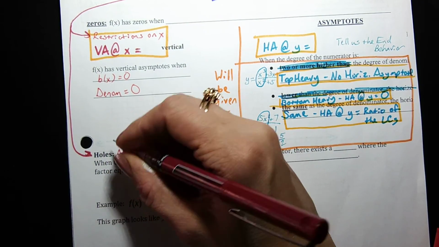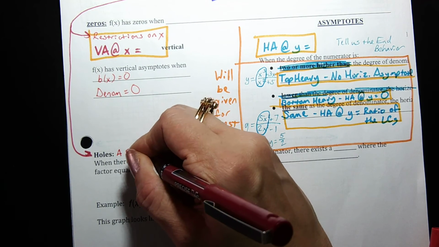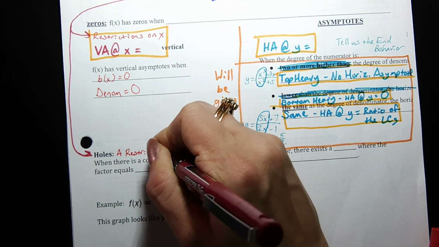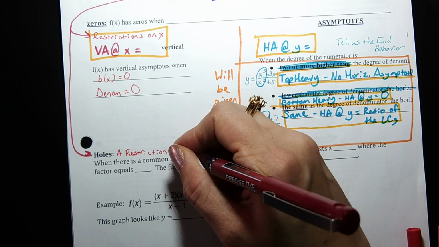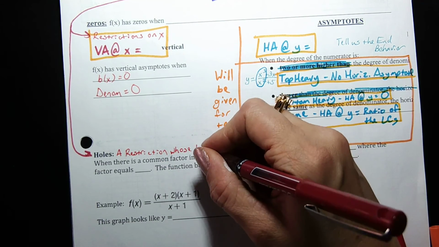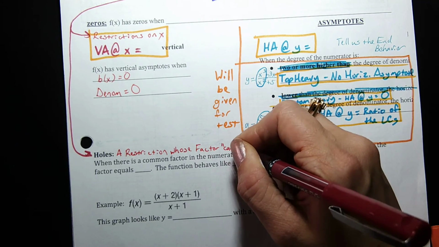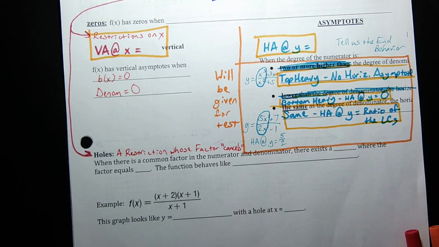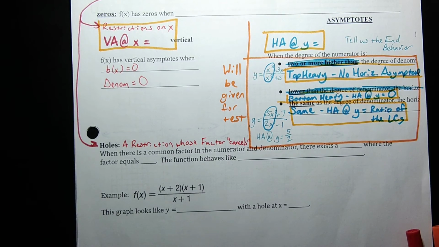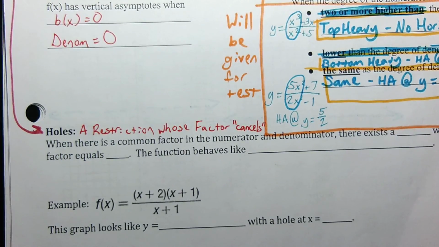A hole is a restriction whose factor cancels. And I want you to put that word cancels in quotes because it doesn't really cancel out, but we can kind of fudge it enough to figure out where that hole is located.